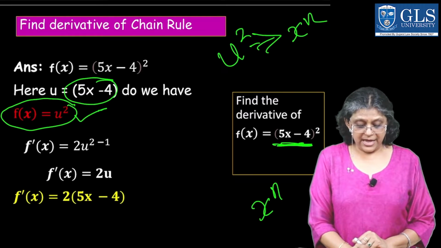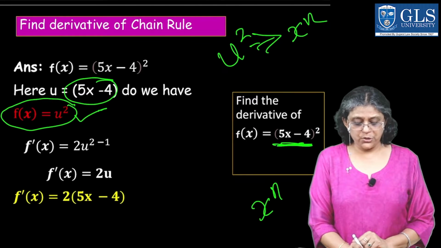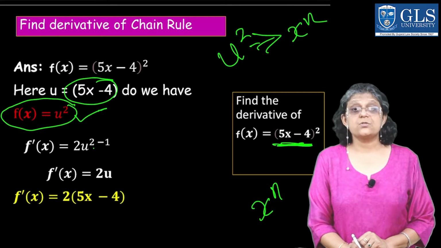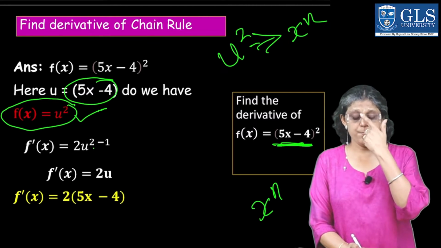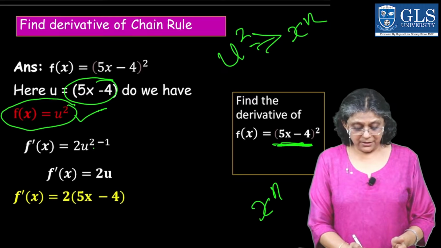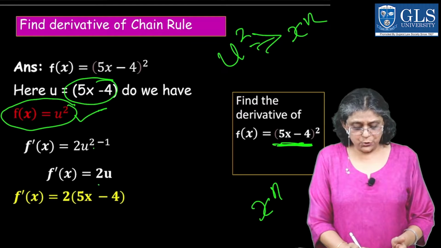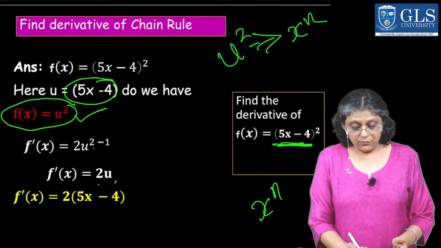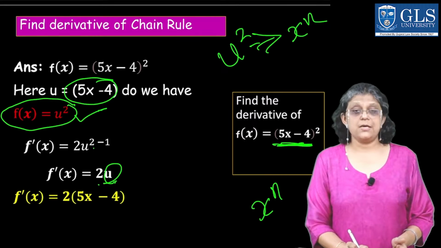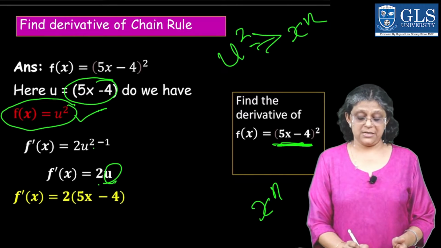So what will I get? f'(x) is equal to 2 into u raised to 2 minus 1. Clear? And then I think my answer is 2 into u only, and what is u? u is again 5x minus 4.